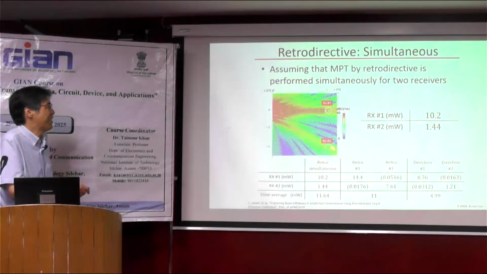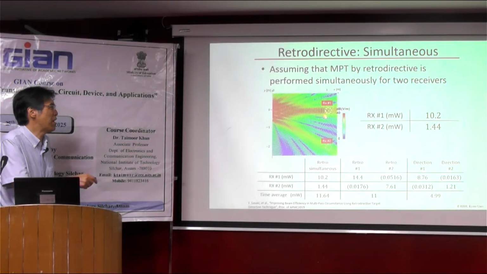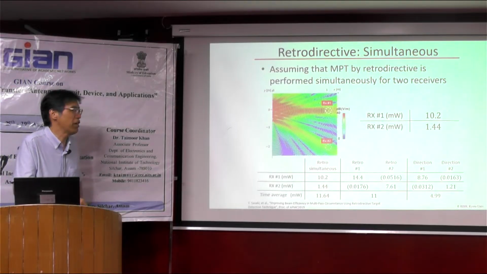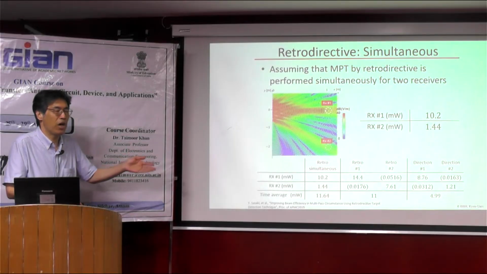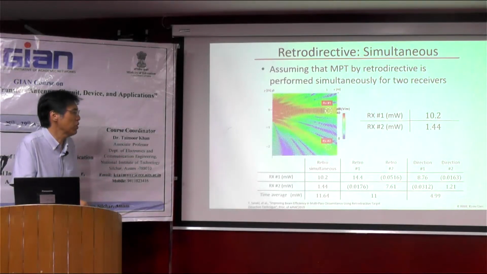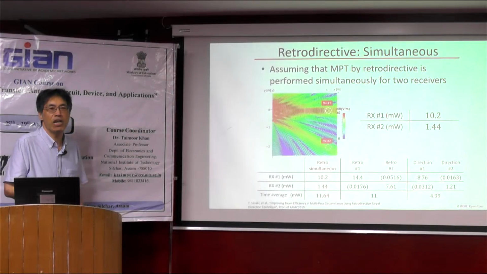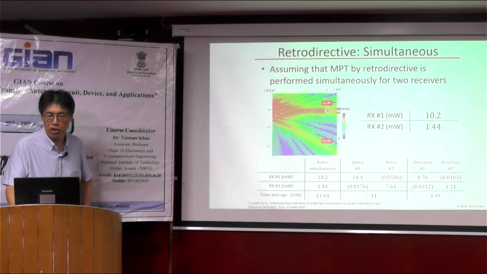Even if we put in multiple users, we can apply this retrodirective system. We compared this multi-user retrodirective system with TDBF, time division beamforming, and others. Totally, the retrodirective system is better than the other beam control systems.